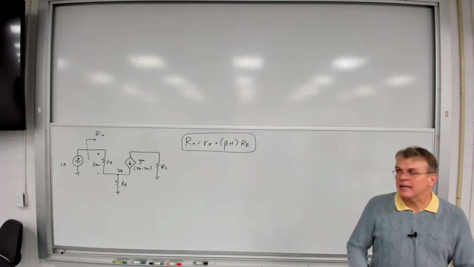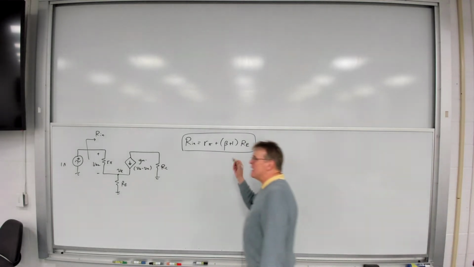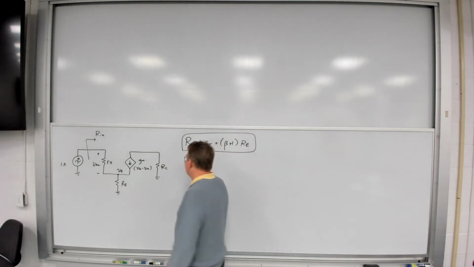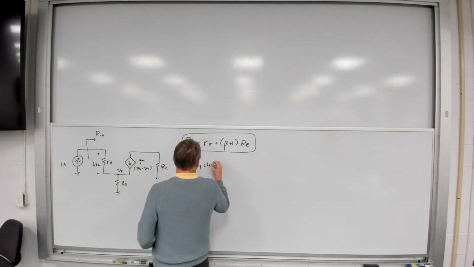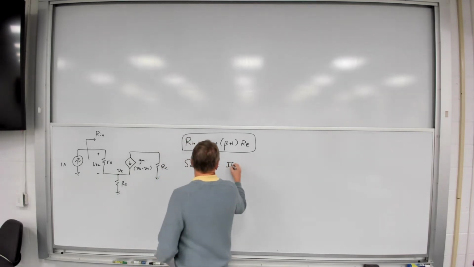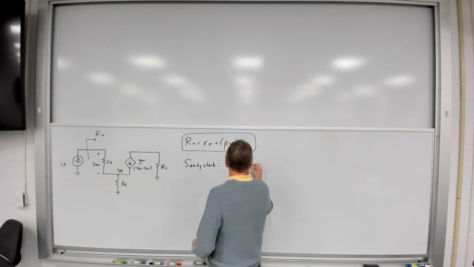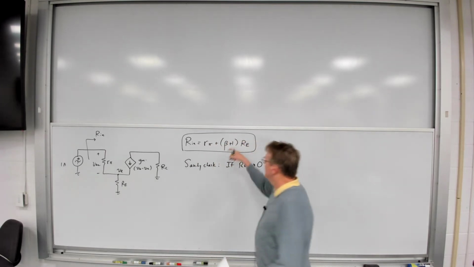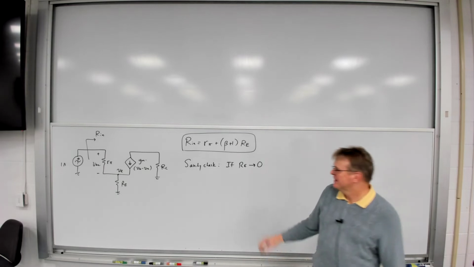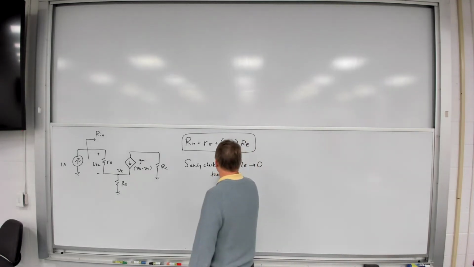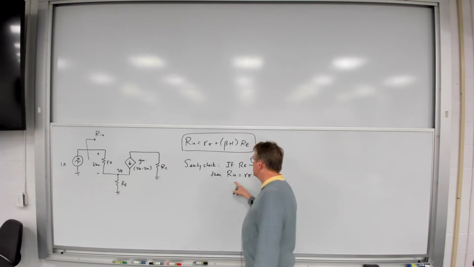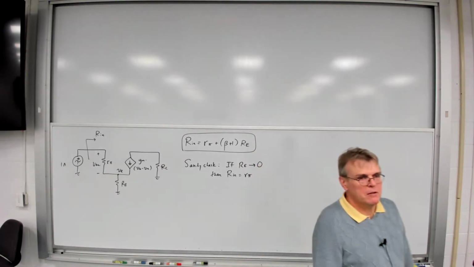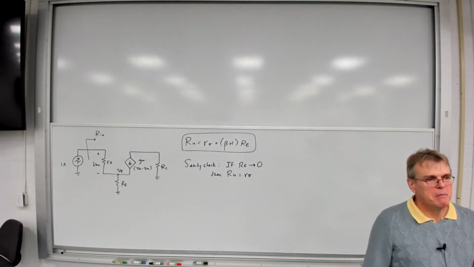Now notice, once again, does my answer make sense? Let's do a sanity check. If RE goes to 0, what does this become? Then Rin is equal to r_pi, which of course was exactly the result we had with the standard CE common emitter amplifier.